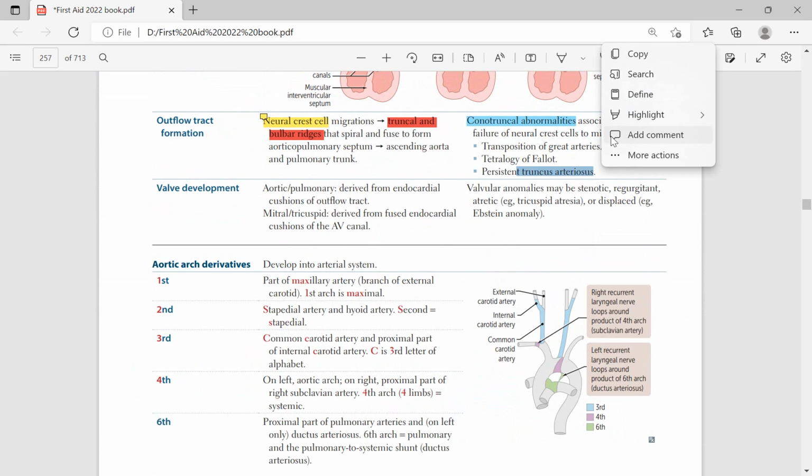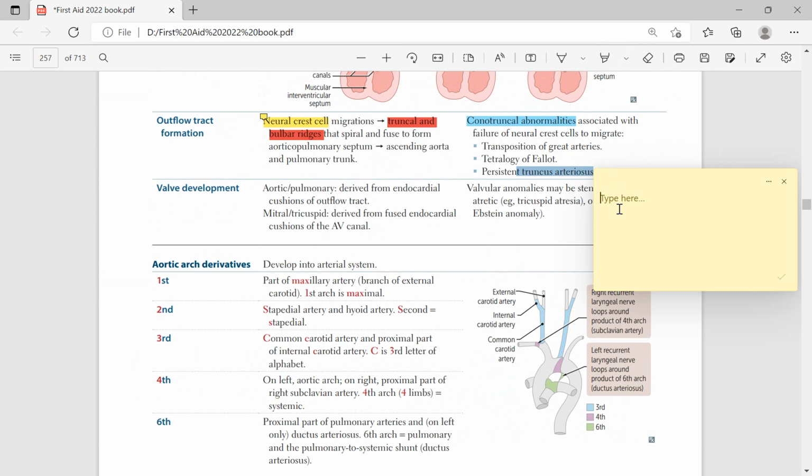Persistent truncus arteriosus means the blood vessel fails to separate completely, leaving a connection between the aorta and pulmonary trunk. Why? Due to failure of separation.